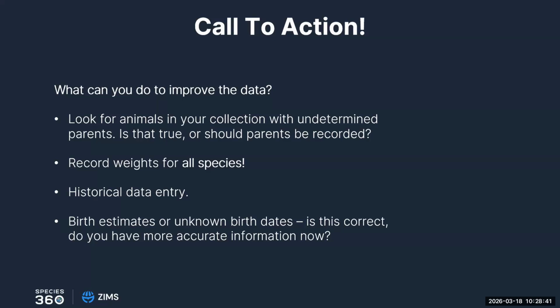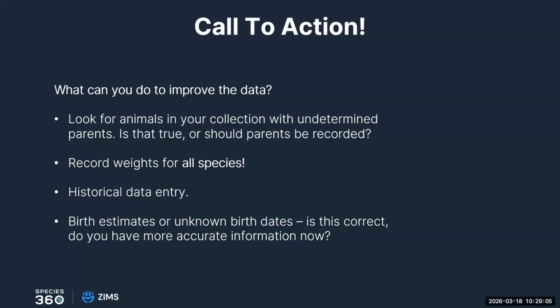I would say you can do lots of things to improve your data, but when I'm thinking about taxon profiles and what would really benefit the current reports, it's if you can look through the animals in your collection that have undetermined parentage. Is that true?